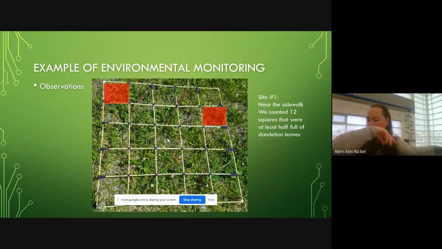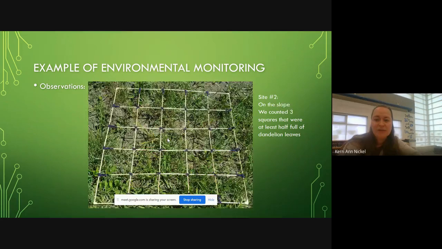So we went down to the second row, and then we noticed there were dandelion leaves in this square. Then there were also dandelion leaves half full here, half full here. And then we went down to the next row and started working our way systematically. And in the end, we ended up counting 12 squares that were at least half full of dandelion leaves.